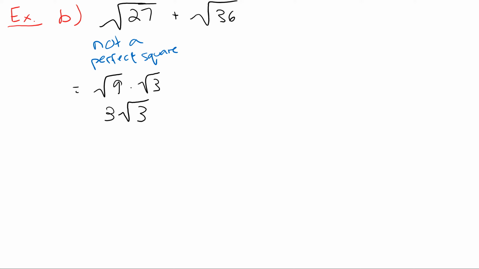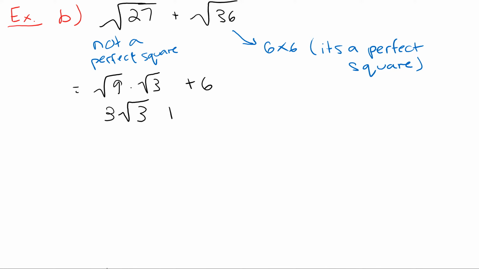So we can just evaluate it. We know that 36 is 6 times 6. So we can just write plus 6 over here, and then we can box this off because this is our final answer.